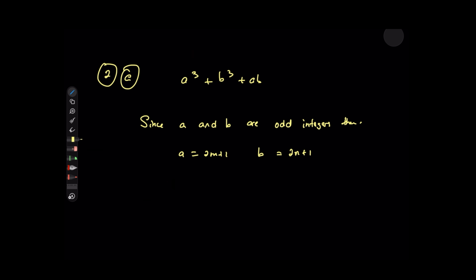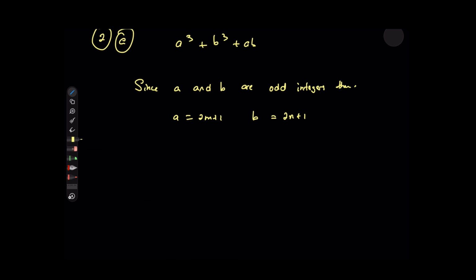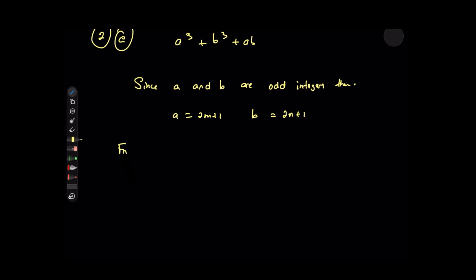Now, for odd integers, either it's 1 or it is 3 for the modular method. So I'm going to let A and B be inside a set with 1 and 3, mod 4.